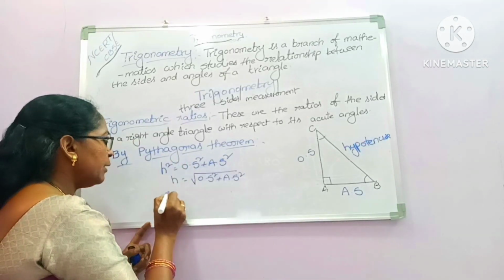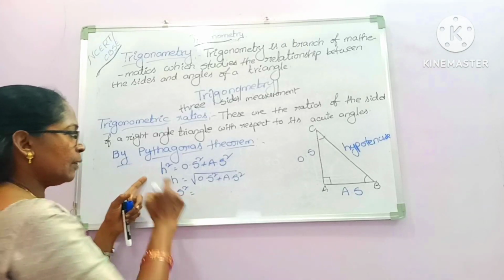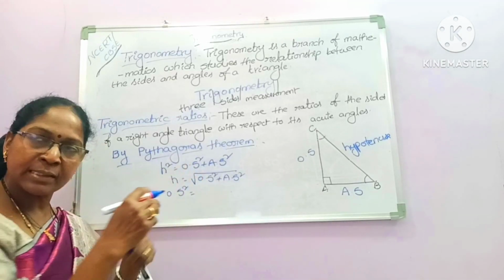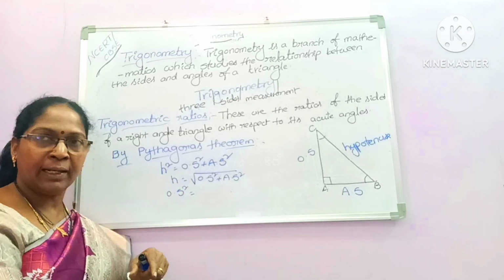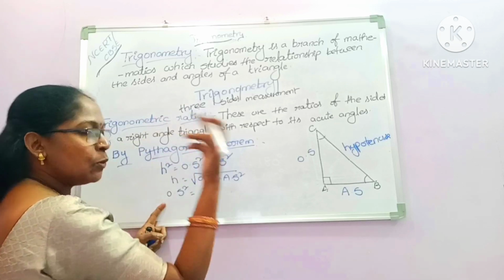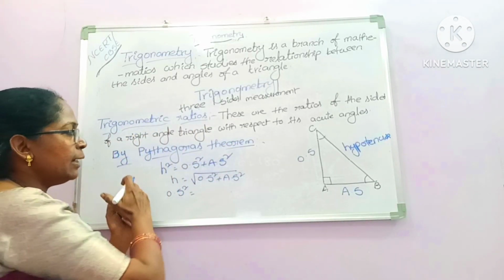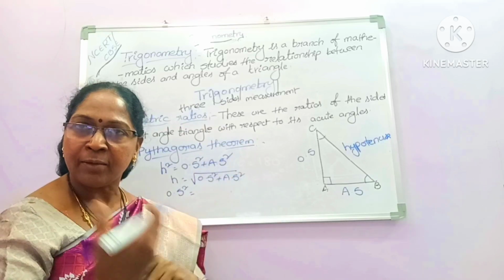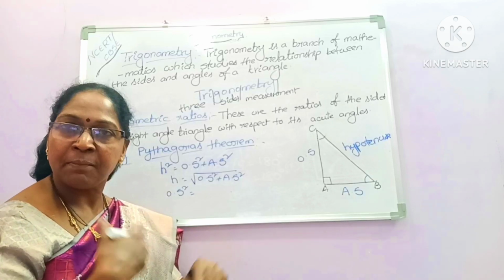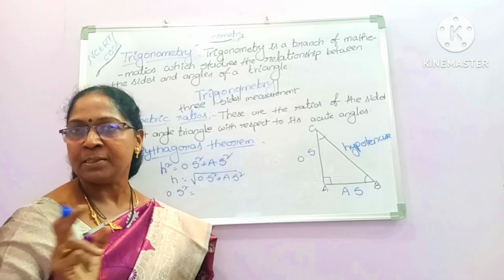Suppose you don't know the opposite side. Here LHS equals RHS, or RHS equals LHS. Both are the same and both are equal. So one value goes to the other side, and when any value transfers, the symbol changes: plus becomes minus, minus becomes plus.